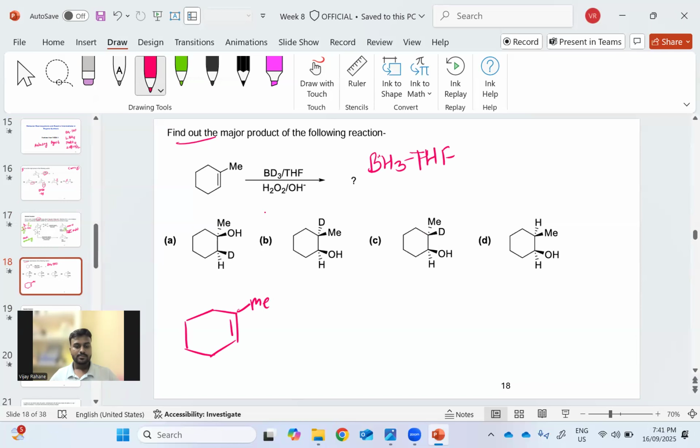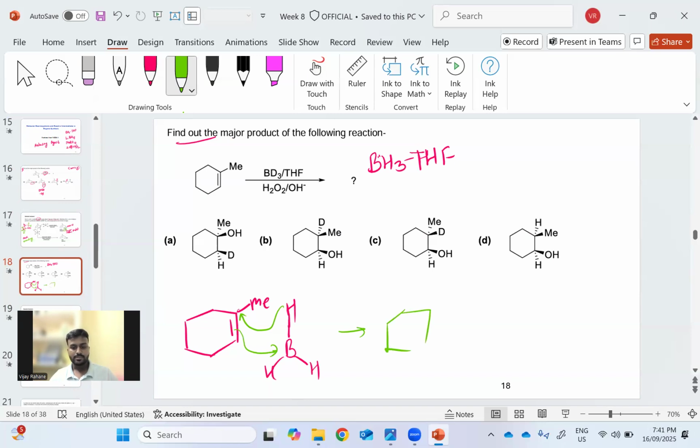So BH3 will be, this is the H, and here there is the B. The remaining H will remain here, and so this hydride can attack here, and boron attacks also. Once the hydride attacks here, this bond goes here. And this attack will be on the syn side.